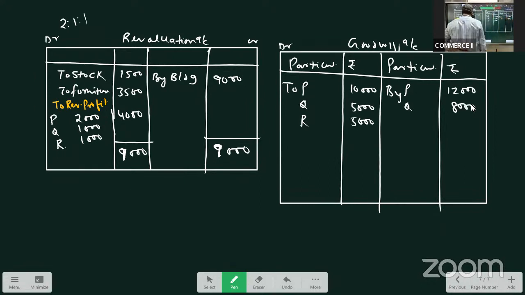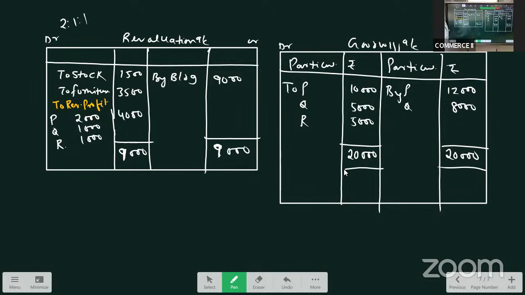Pay attention to this. For raising goodwill, we have debited the goodwill account to all partners. For writing it off, we have credited goodwill and debited the continuing partners, the partners who are continuing the business after the retirement of R. So here the goodwill account gets closed and will not appear in the balance sheet.